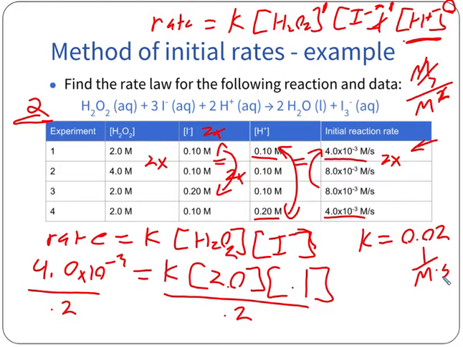Nope, it's going to be 2 sig figs, because all the numbers that we used had 2 sig figs, and so this actually is going to be 0.020 over molar seconds for our overall rate constant. I guess that means that we do need to include that in our overall rate law. And so to get our final rate law here, I'll rewrite the one at the top up here.